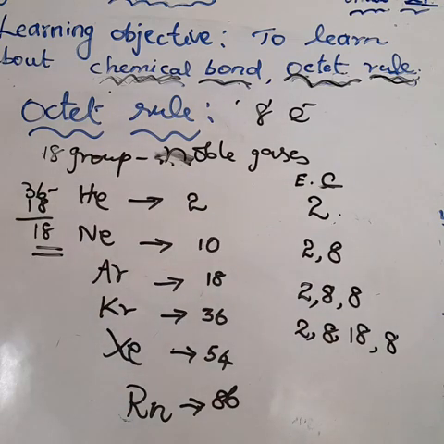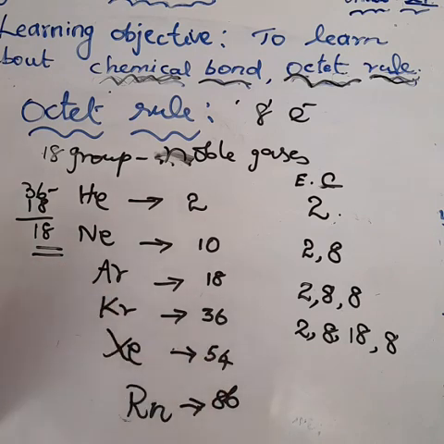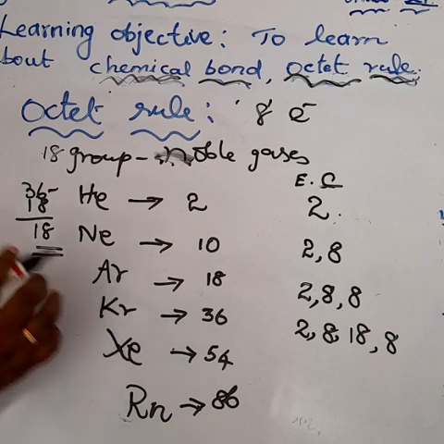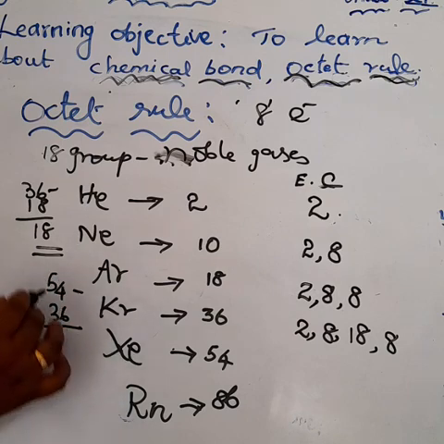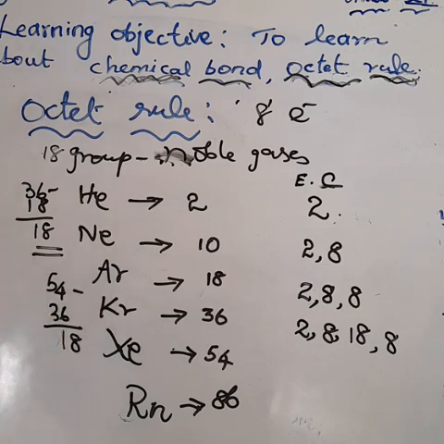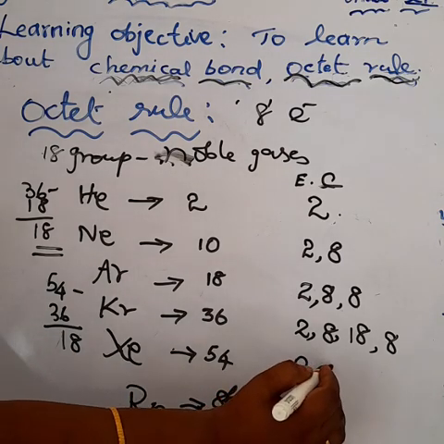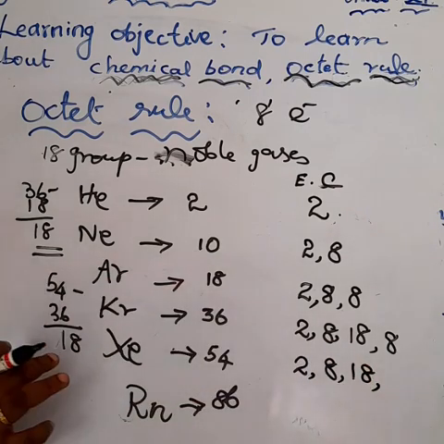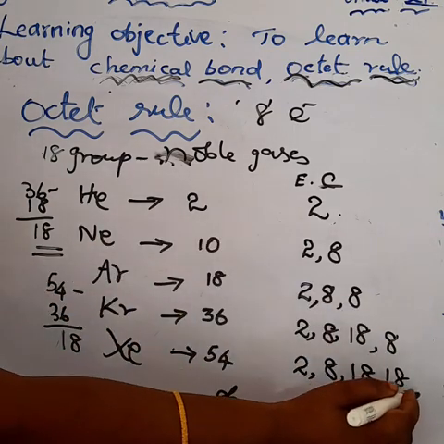Then xenon, atomic number 54, so 54 electrons. How many remain from krypton? 54 minus 36 is 18, so here also we need 18 electrons. The first orbit has 2, the second 8, the third 18, another orbit 18, and finally 8 electrons in the last orbit.